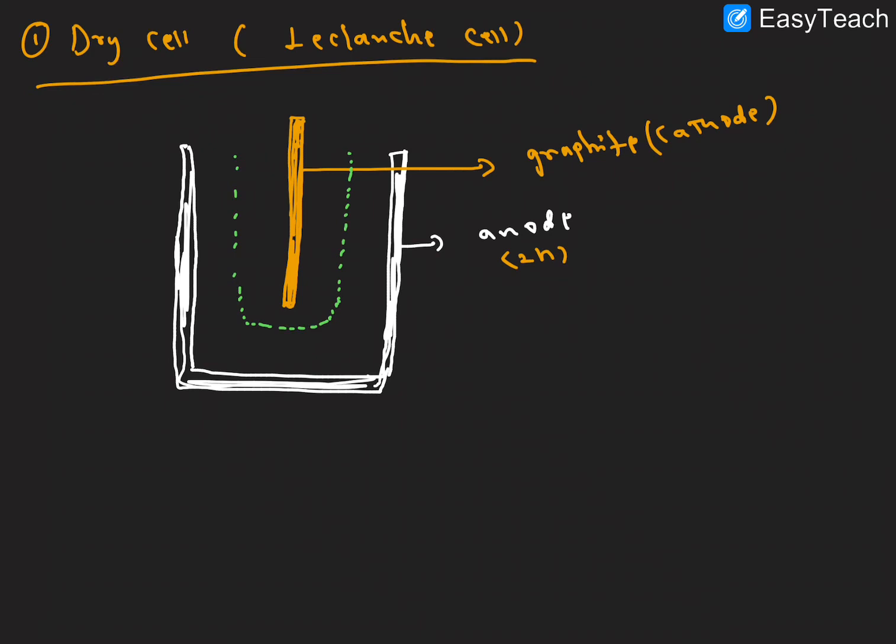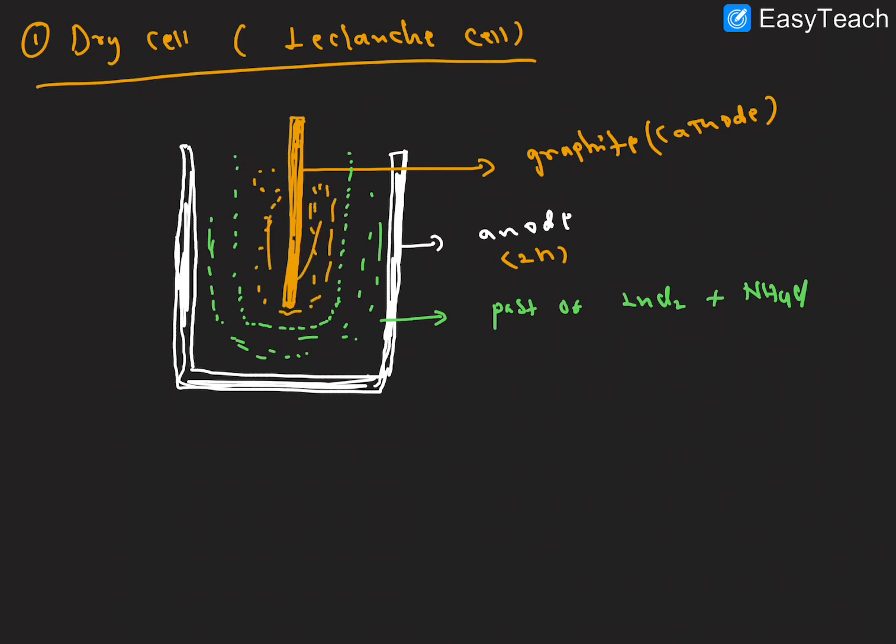In the zinc container side, this spot with green dots, we take a paste of ZnCl2 plus ammonium chloride. Inside, in the graphite side, we take a mixture of MnO2 plus carbon, charcoal.